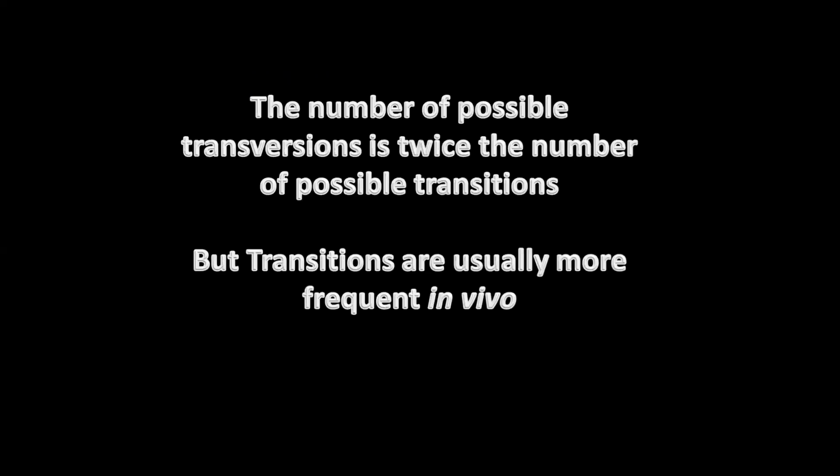So the number of possible transversions is double the number of possible transitions. One base can undergo only one kind of transition, but one base can undergo two kinds of transversion. But actually in vivo, in living organisms, transitions are more common as compared to transversions.